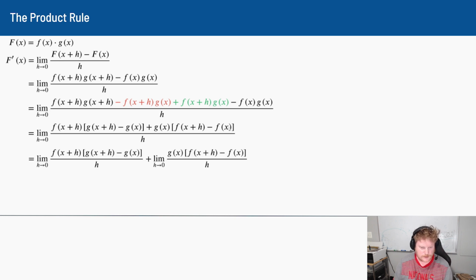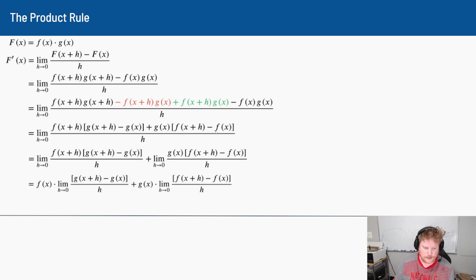So maybe you can see where this is going now, especially those of you who know what the product rule is. We'll use our limit rules to divide this into the sum of two separate limits. All right. And then in the first limit, since h is going to 0, this factor ultimately is just f of x, and so it can come out.